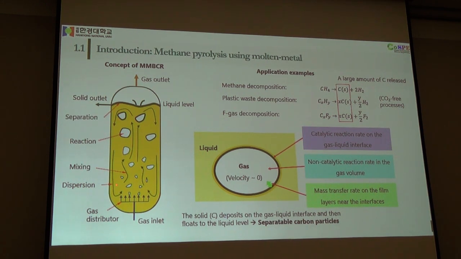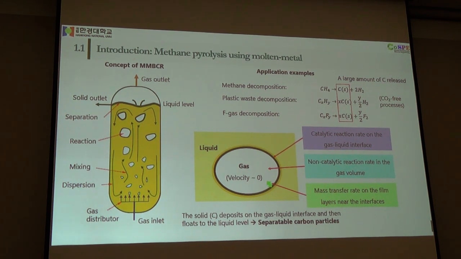Also, because usually in the bubble column reactor there is core-annular flow behavior of the fluid, we have dispersion along the reactor height.